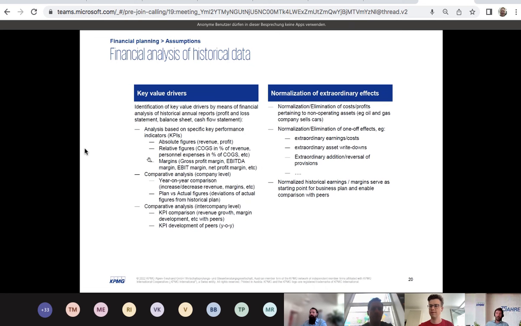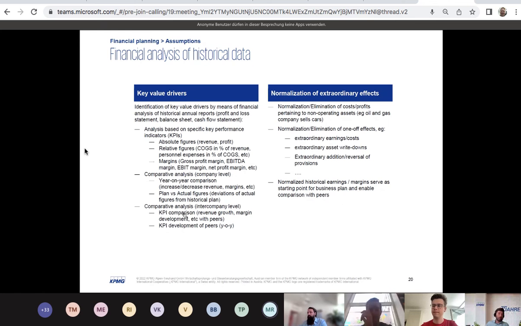For example, on a company level, you could do year-on-year comparisons. You could do plan versus actual figures comparisons, and also you could look at it on an intercompany level and compare your KPIs, for example, your EBIT margin to the typical industry EBIT margin, or to the EBIT margin of your peer group, your peers.